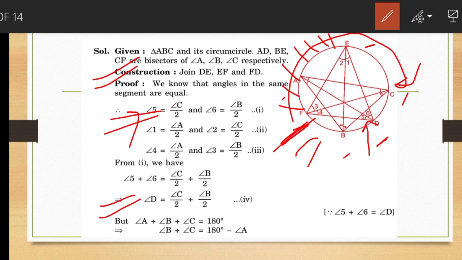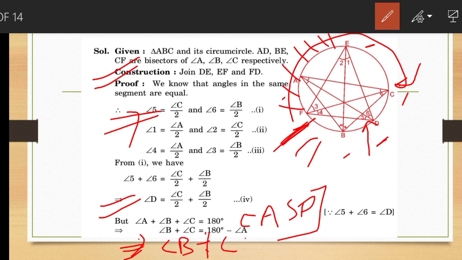In the triangle ABC, by the angle sum property, we can write angle A plus angle B plus angle C is equal to 180. So angle B plus C is equal to 180 minus A, which implies angle B plus angle C by 2 is equal to 90 degrees minus angle A by 2.